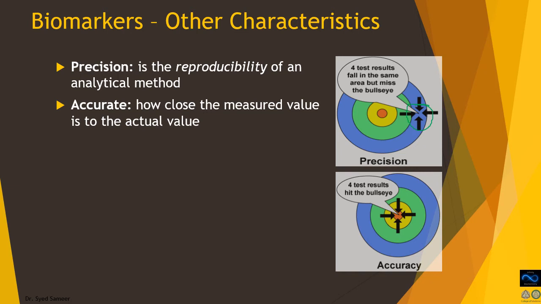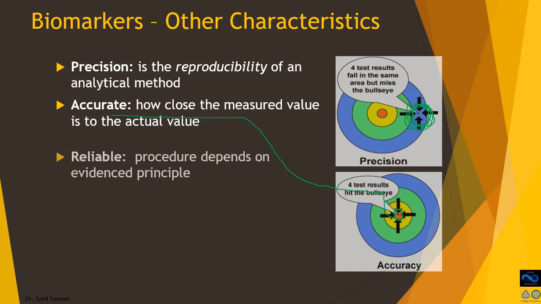Every time you test this sample, you will have a similar kind of result which will fall close to each other, whereas accuracy measures how close it is to the actual value. So if precision and accuracy are correct, then the biomarkers or the biochemical test can be used for diagnosis and detection methods as well.